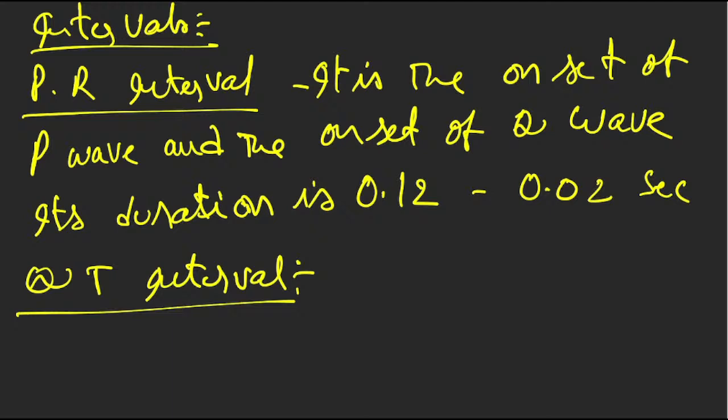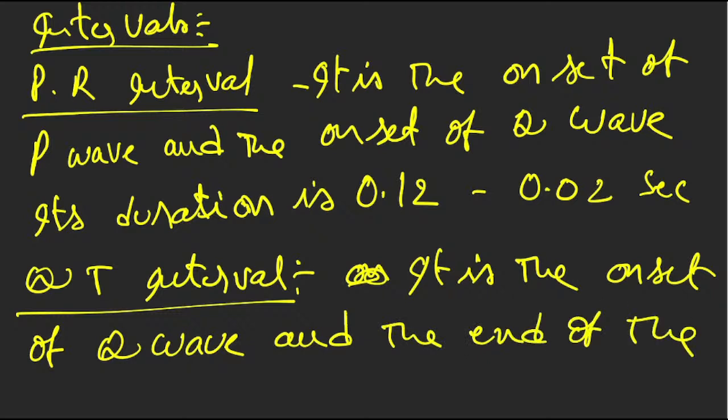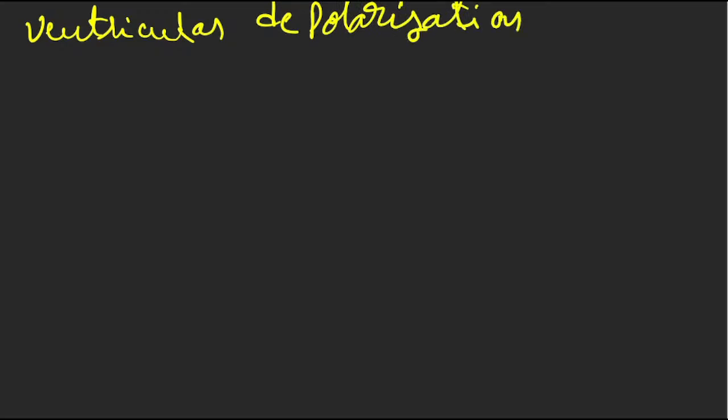It is the interval between the onset of Q wave and the end of the T wave, and it represents the ventricular depolarization and repolarization.